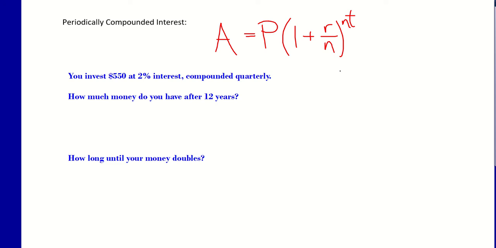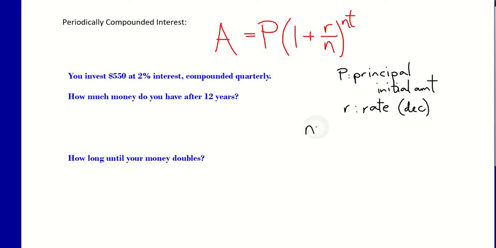In this equation, P is your principal, which means your initial starting amount. r is, again, your interest rate, the annual interest rate, but it's expressed as a decimal. So if the problem gives you a percent, you would have to convert that to a decimal. n is the number of compounding periods per year.